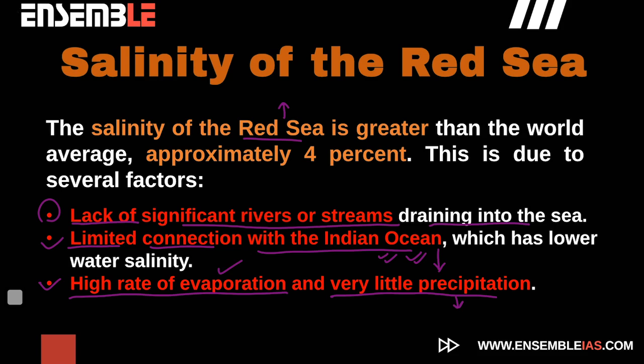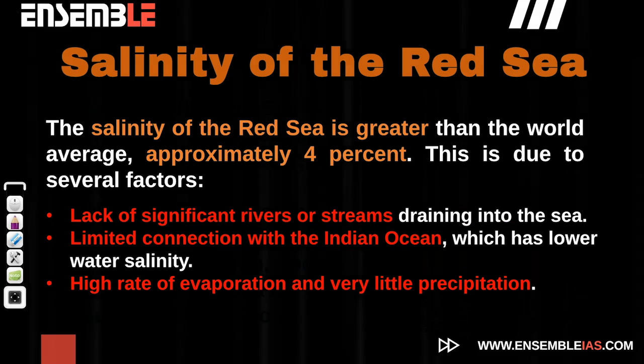Since this area lies on the Tropic of Cancer, 23.5 degrees north latitude, the rate of evaporation is high due to the high rate of sunshine, and the precipitation is also low in this area. Therefore, the salinity of the water in the Red Sea is very high.